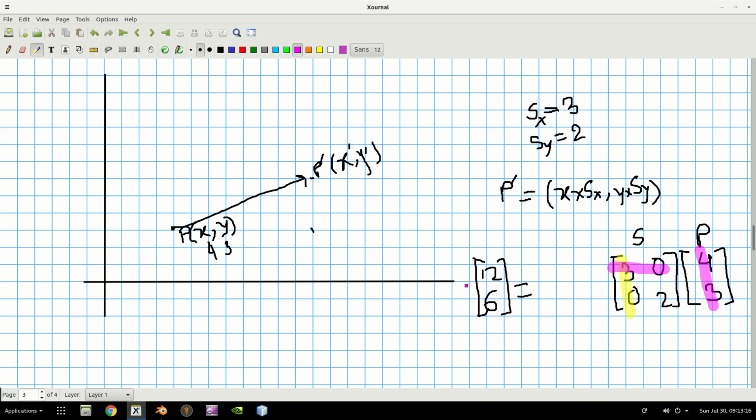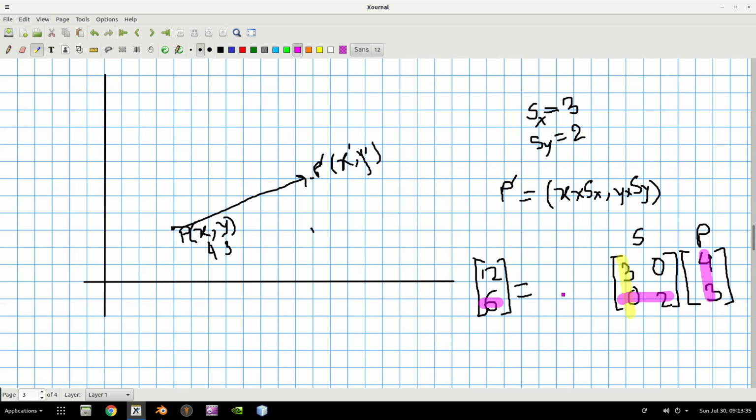So we got 12. So we get the first part, right? And then for the second row and this column, we get 0 times 4, which is 0, and 2 times 3 is 6, so we got this number.